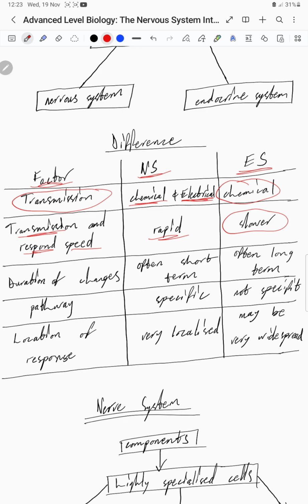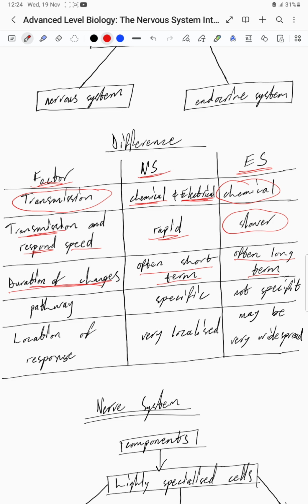And then going on to duration of changes. In the nervous system it is often short term, and in the endocrine system it is often long term. Take note of the words often long term and often short term.